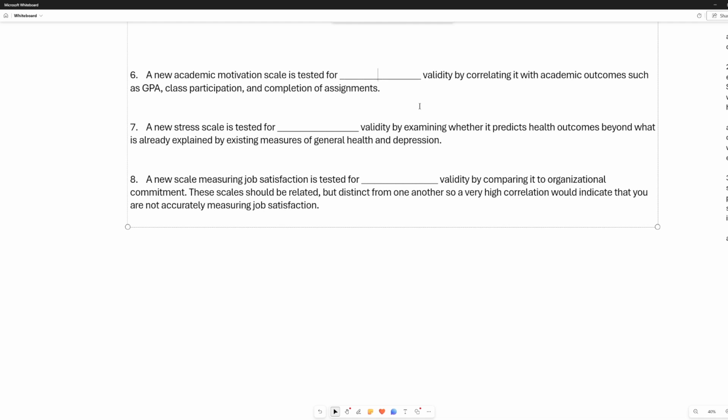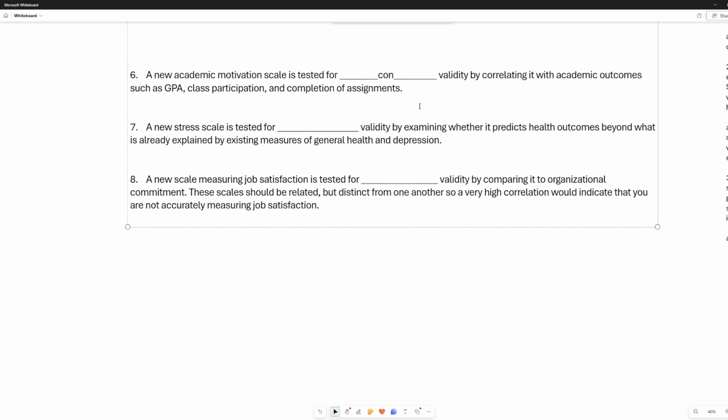But it doesn't necessarily say in this case whether it's being done all at the same time, because we could definitely measure just our new academic motivation scale and, at the same time point, in the same survey, measure GPA, class participation, and likelihood of completing assignments as self-report. So I'm going to go ahead and read it like that since we haven't had this one before.